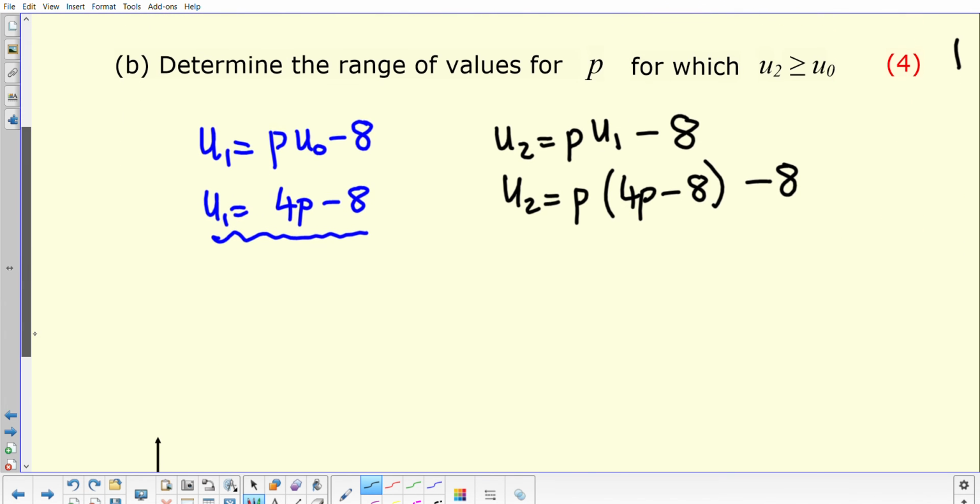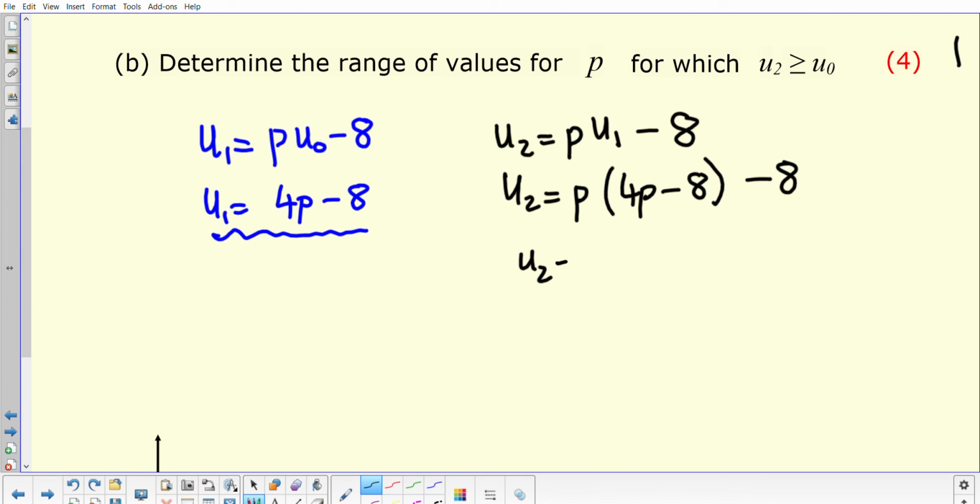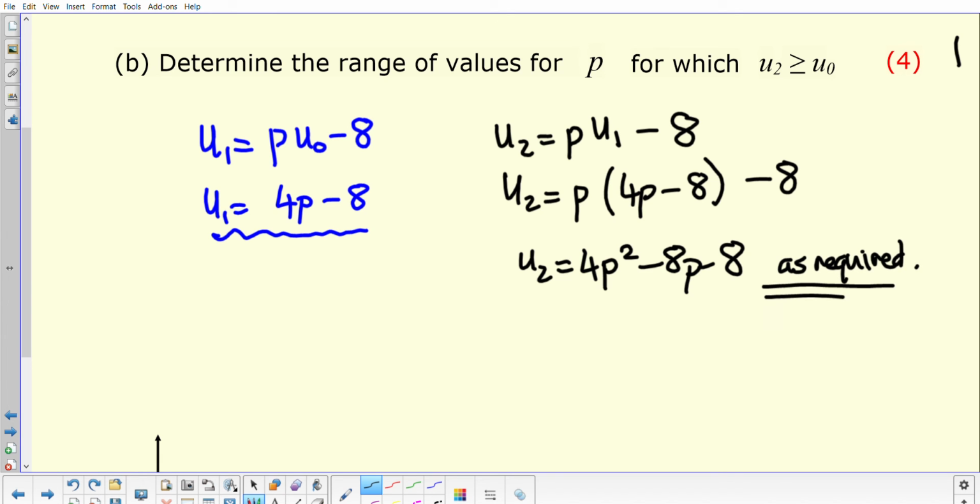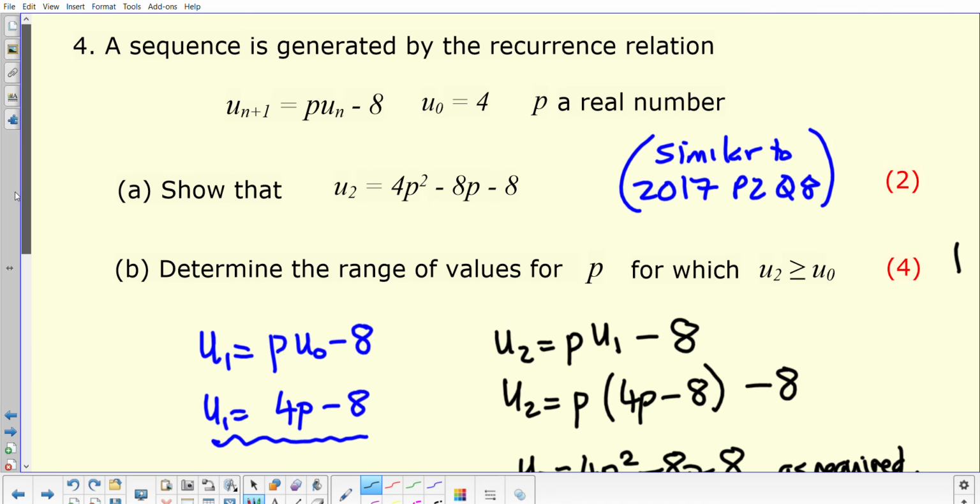So what we do next is multiply out the brackets, you get 4p squared, you get minus 8p and minus 8, and that was what you were asked to show. So beside this, because it was a show that question, I would write as required. So we've been able to get to the expression that we needed to get to. That's our part A.